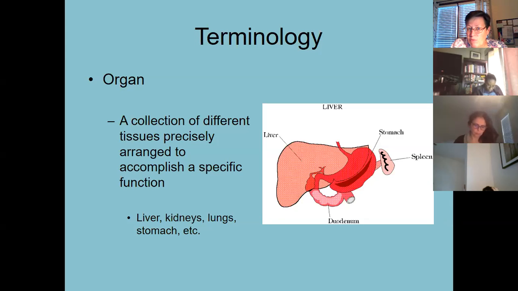So either way, if an organ is damaged by radiation, it can lose function, it can atrophy or shrink, it can become necrotic or die. And both of those, both atrophy and necrosis, would contribute to a loss of function.